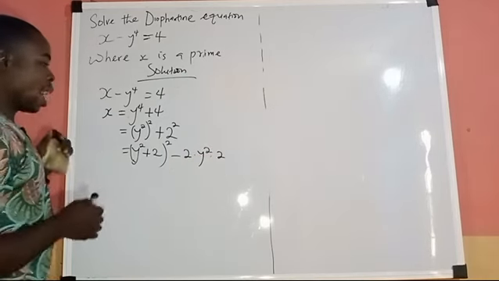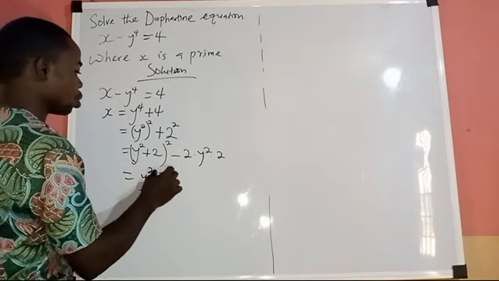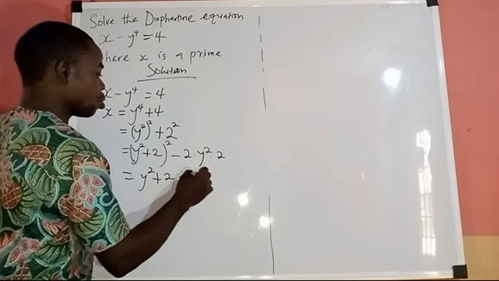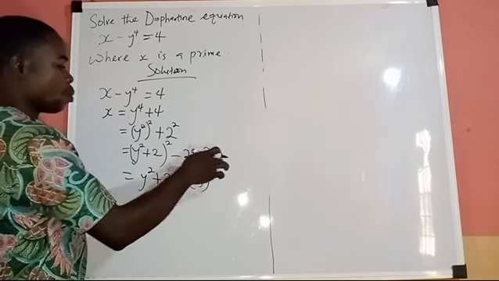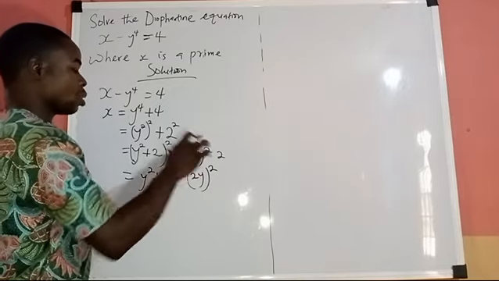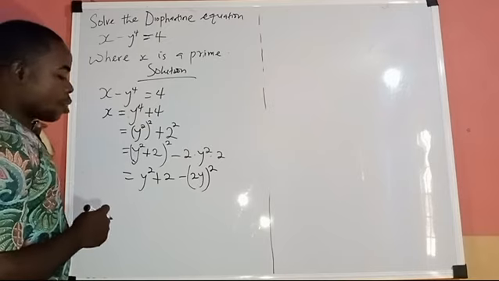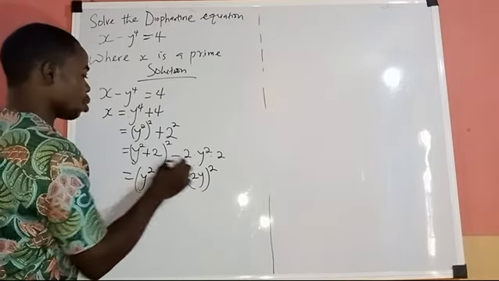That is what we are having. Of course you can write this as y raised to power 2 plus 2, minus 2y all raised to power 2, because if you multiply, this is going to give you 4. So 2 raised to power 2 is 4, and then y raised to power 2 gives us exactly what we have right here. So let me still write this normal.